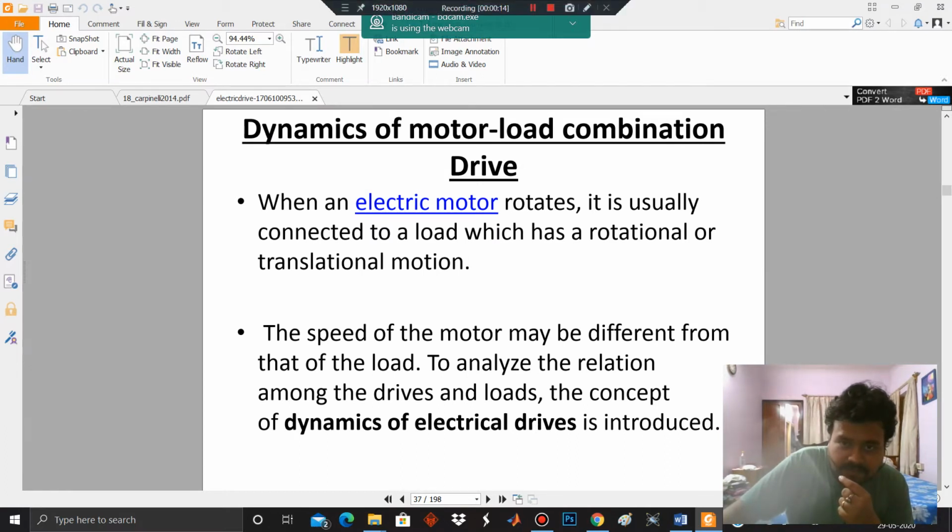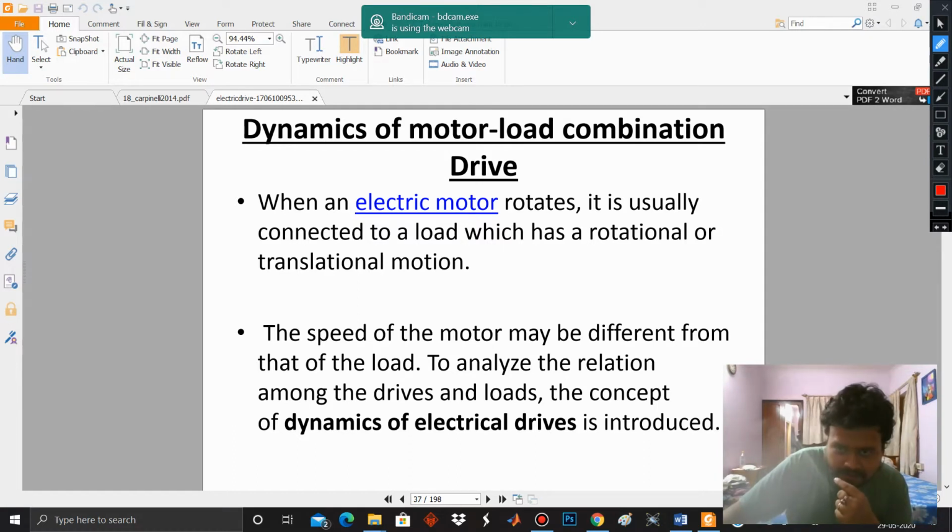So what is dynamics of a motor load combination? When an electric motor rotates, it usually is connected to a load which has a rotational or translational motion. Rotational motion is obvious for any type of rotating machine, but we also saw that translational motion is possible in case of electric machines.